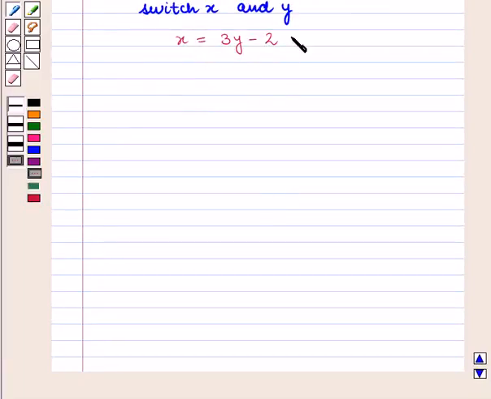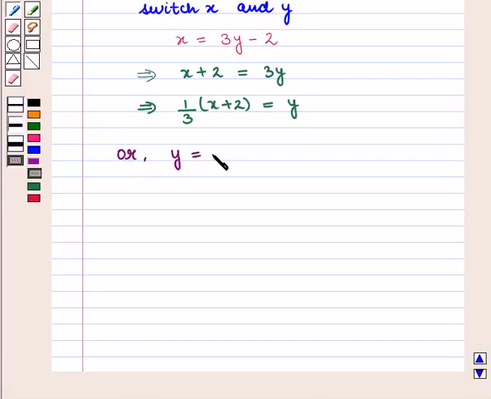Now we shall solve this equation for y and we get x plus 2 is equal to 3y, which further implies that 1 by 3 into x plus 2 the whole is equal to y. That is, we have y is equal to 1 by 3 into x plus 2 the whole.